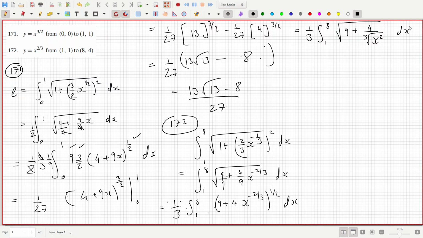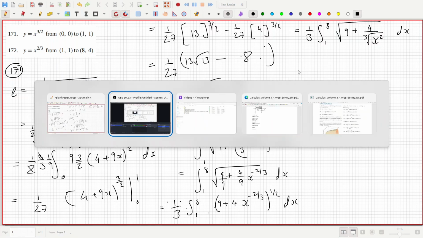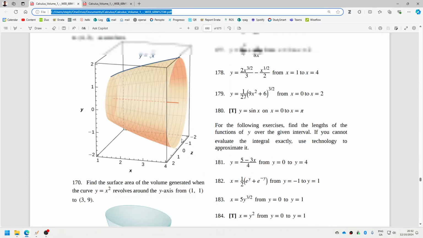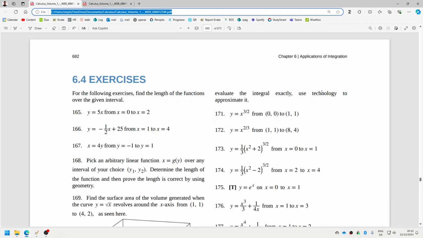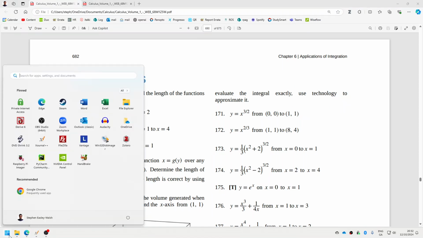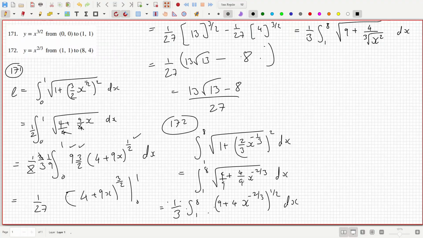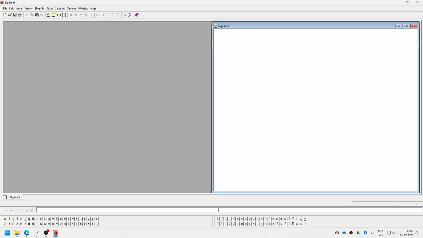Now it did say in the book that if you cannot evaluate the integral exactly, use technology to approximate it. So let's just see what happens here.